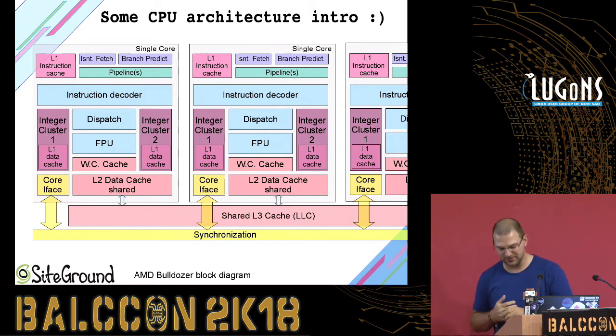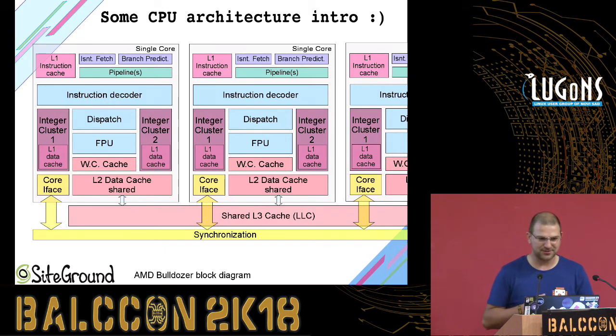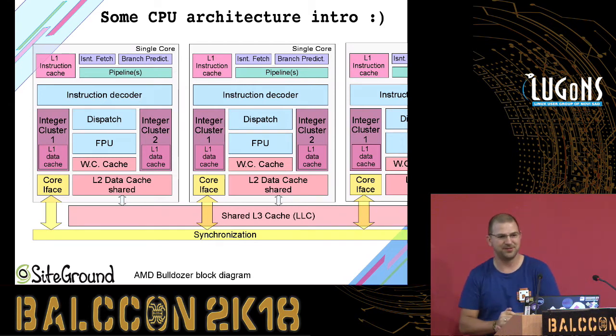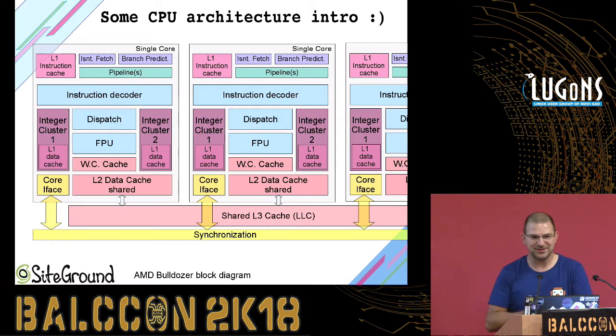So the branch predictor is a part of the CPU that predicts if this particular sequence of instructions will go inside the if or in the else clause of your if statement, which is a very interesting part, and we'll reach the branch predictor later in the Meltdown and Spectre attacks.